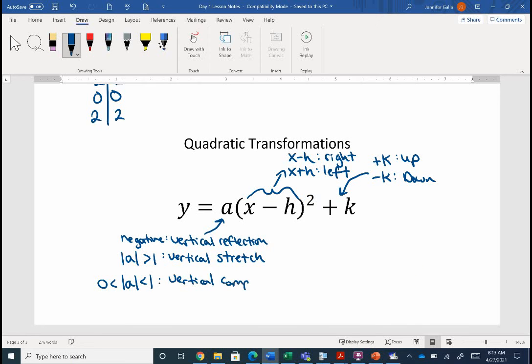We've talked about this before with our exponentials. I learned the word compression, but over the last few years, though, the word shrink has been used. I don't care which one you use. We talked yesterday that different teachers in this department use different phrases for it, so I want to make sure you guys have heard both. So those are all the possible transformations we have.